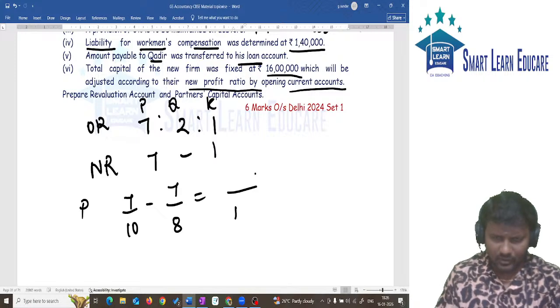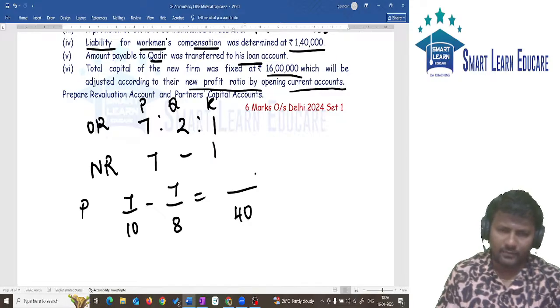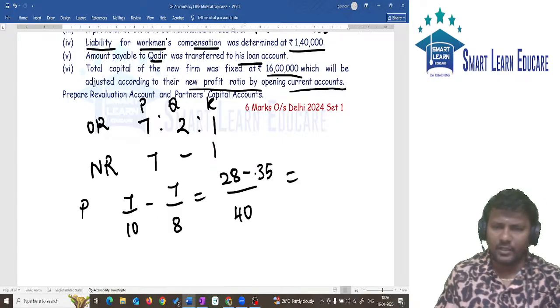LCM is 40. 4 times 7 is 28, 5 times 7 is 35. So you will get the answer as 7/40.